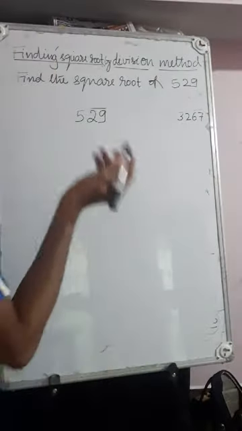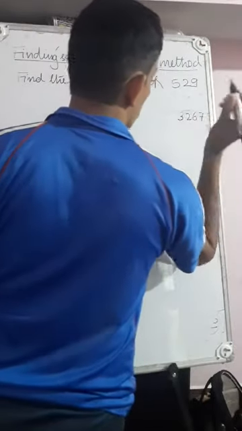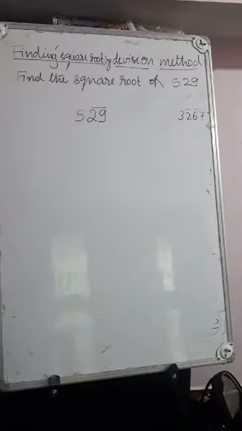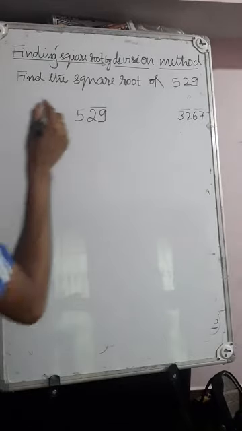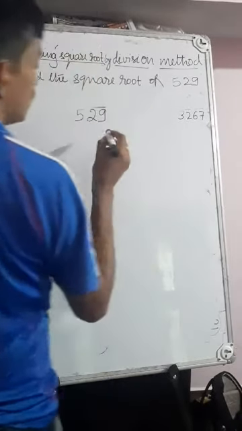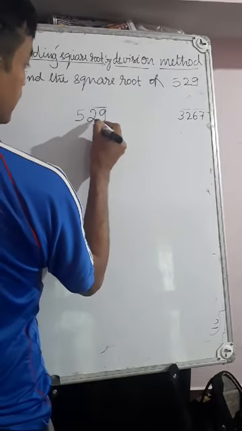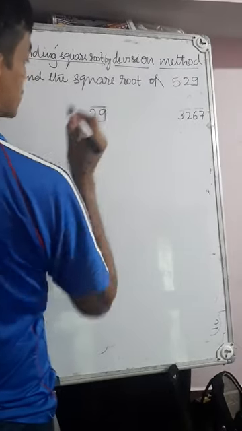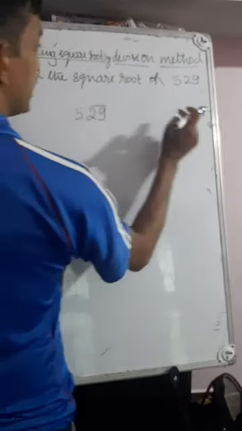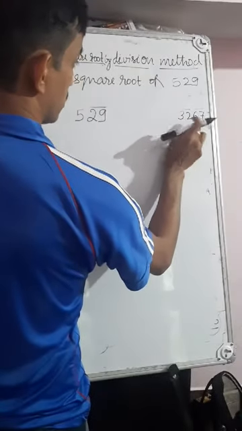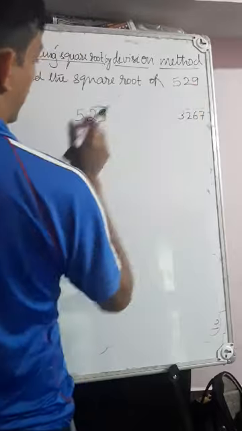Then the hundreds and thousands digits are the next pair. Pair means two continuous digits: units place and tens place are considered as a pair, then hundreds place and thousands place.